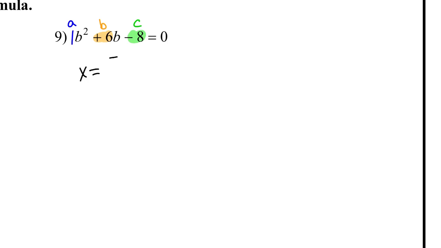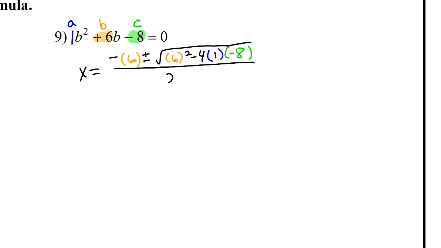x equals negative B plus or minus the square root of B squared minus 4AC. See, I do almost always need to extend it.